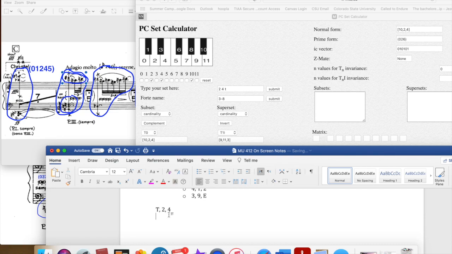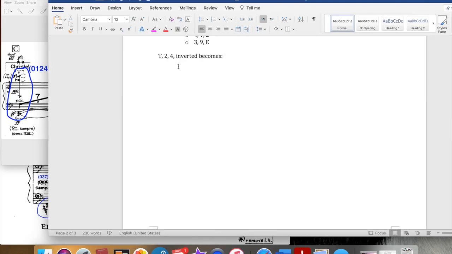So we're going to start with 10, 2, and 4 in normal order. We're going to invert them along the axis of 0 to 6, which is what we would normally do. Let's invert it along that.